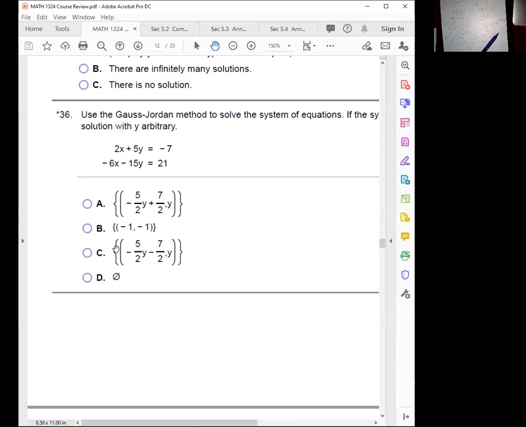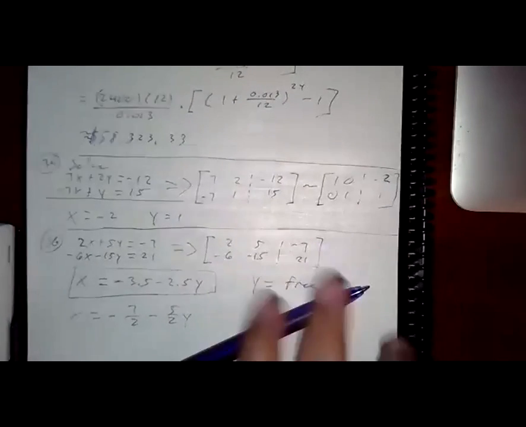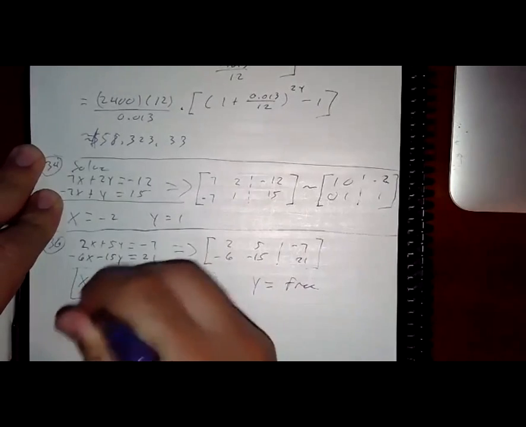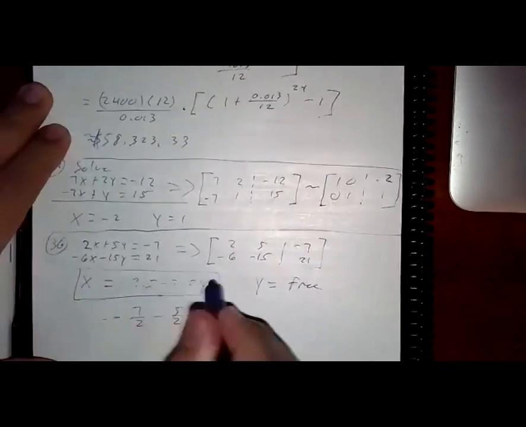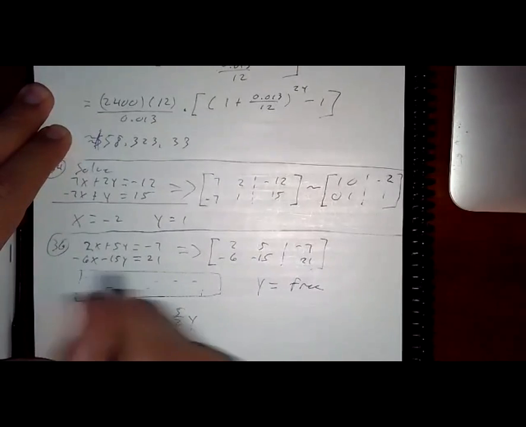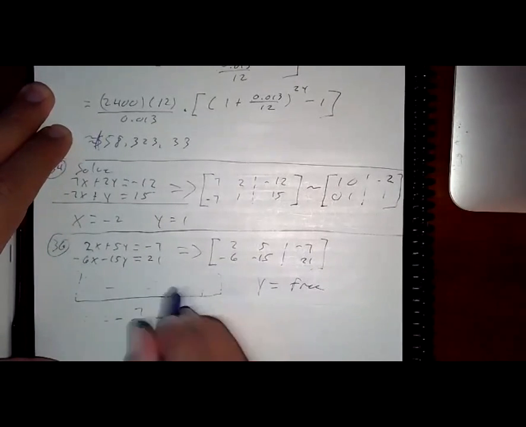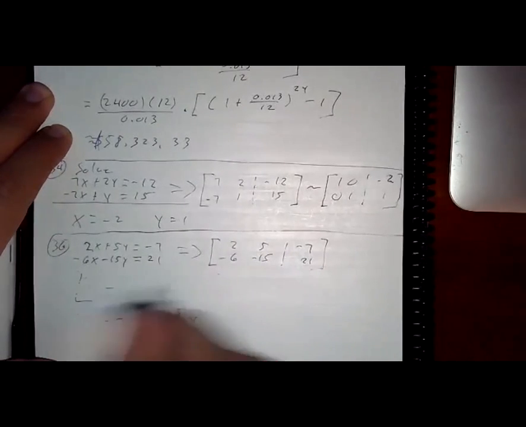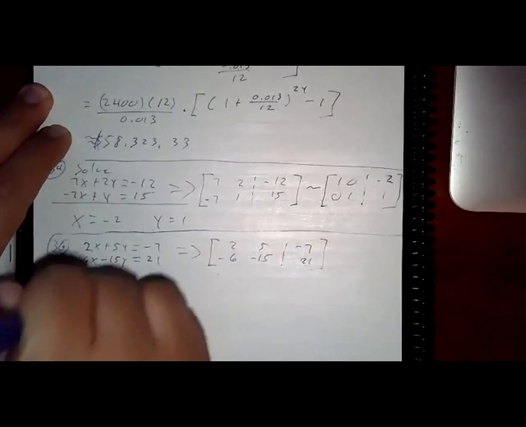So this is answer C. -5 halves y is what we got, -7 halves, comma, y can be anything. So instead of putting 3, they just leave it as y. Your answer choices would be written this way.